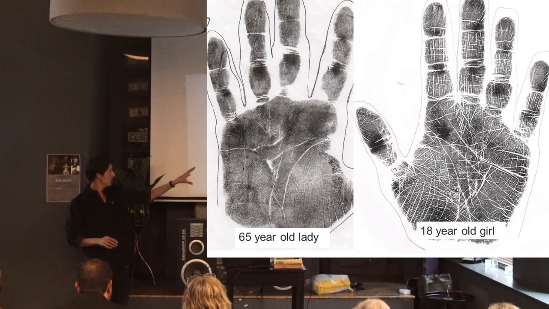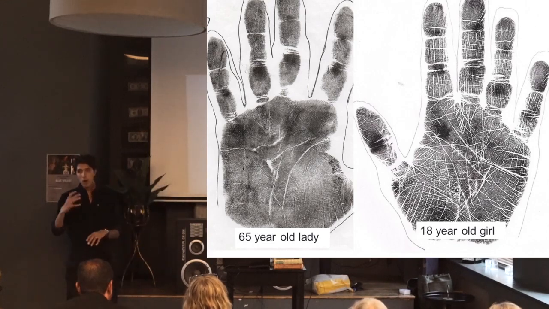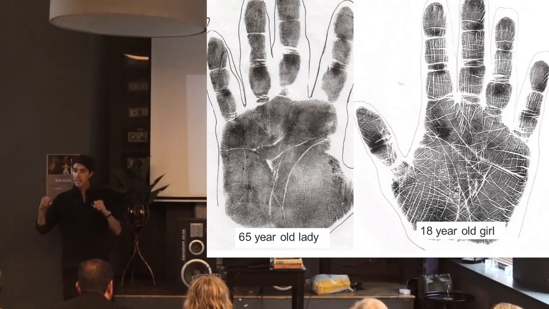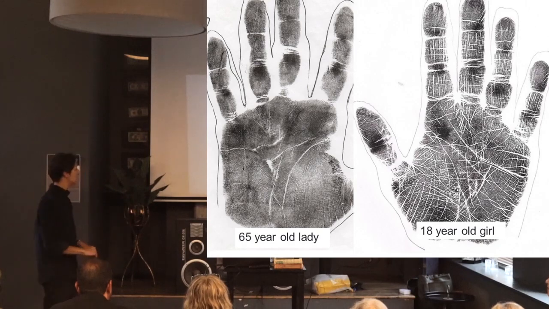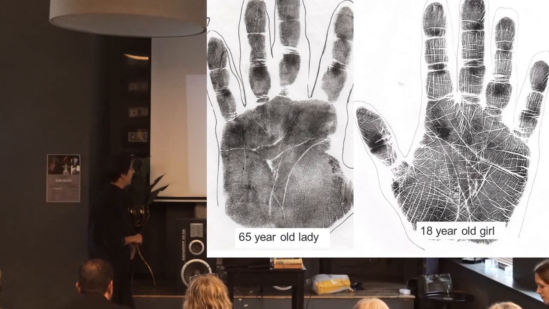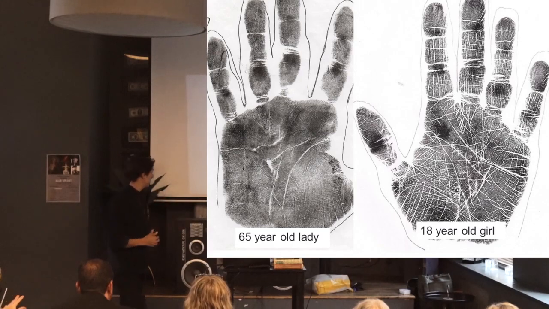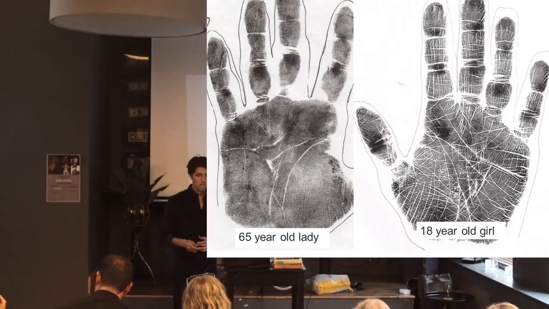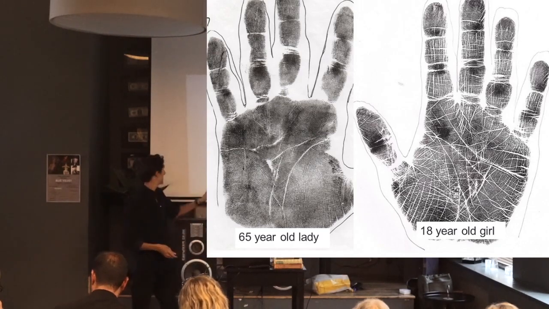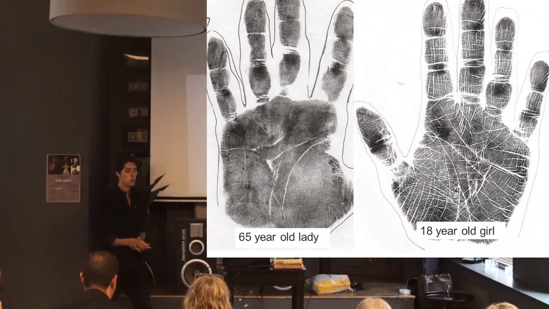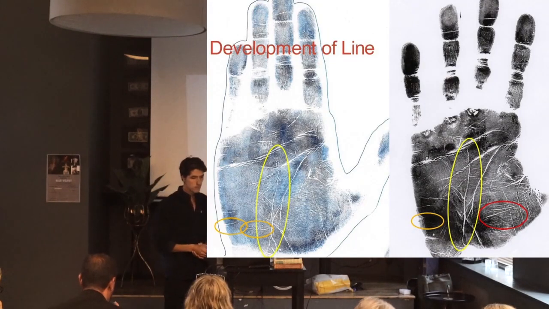So what we can see is that the girl on the right is going to have a far more active nervous system. She's going to have a much, much more busy mind. She's going to be much, much more highly strung. And also she's going to be a lot more active. She's going to have a lot more high energy. And then it would be very important that she cathartically exercises it. And conversely, this hand, the one of the elder lady, is very, very clear.